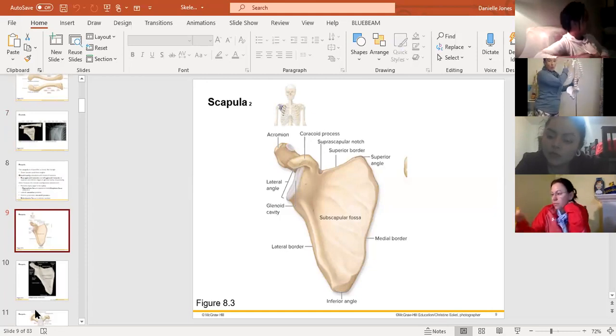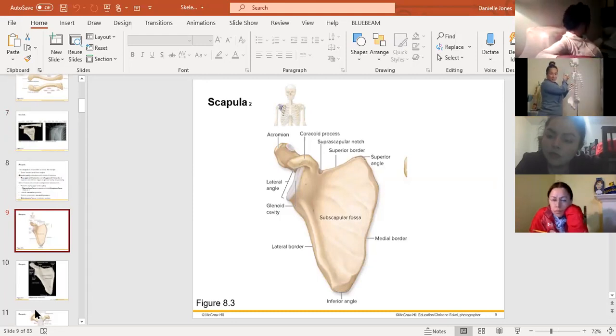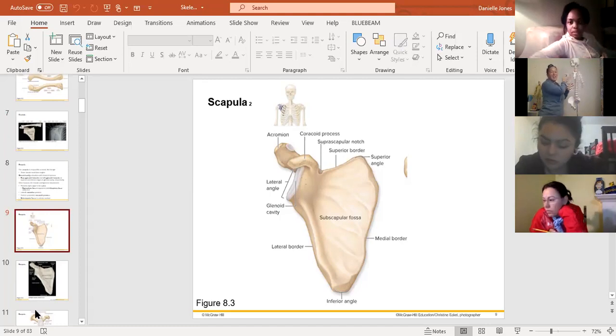We have to look all the way through the rib cage, through the lungs, through the heart, all of it just to get to this anterior side. And that's that smooth side. The smooth side rests on top of the ribs. That's the anterior view that we're looking at.